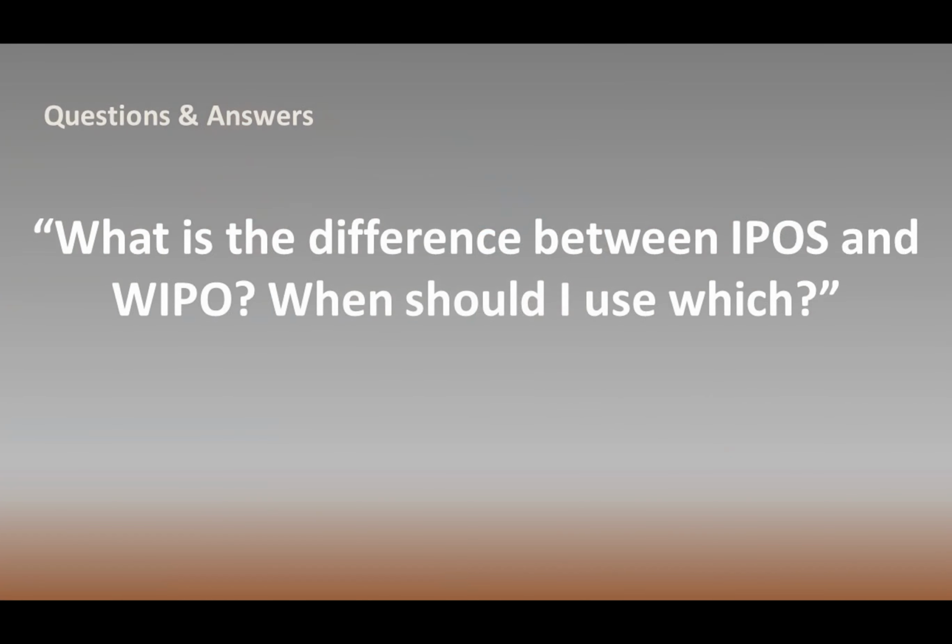Thank you, Sandy. Okay. I have this question here. Please explain the difference between asking help from IPOS and WIPO. When should I ask help from IPOS and from WIPO? Okay, I'll just do a quick start, and Chiara, you can chime in when you want. So essentially, if you have a dispute before IPOS, at the case management conference, we will definitely ask parties whether you wish to mediate.